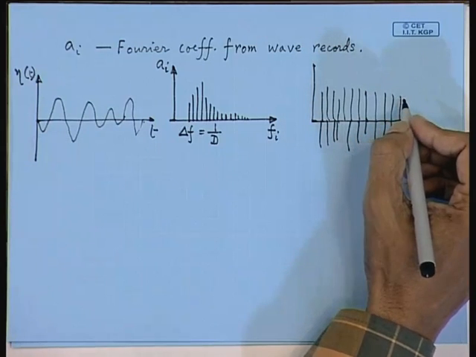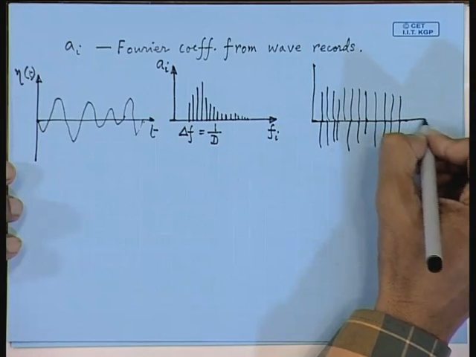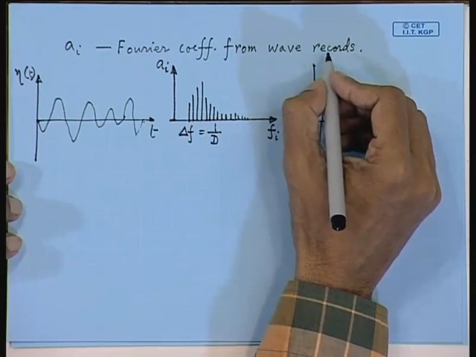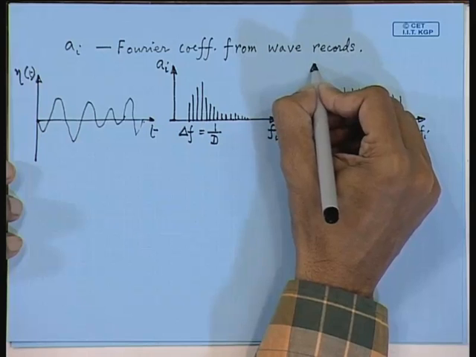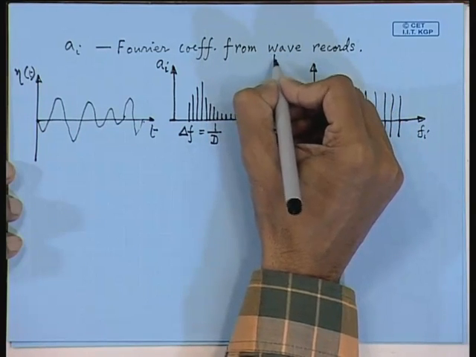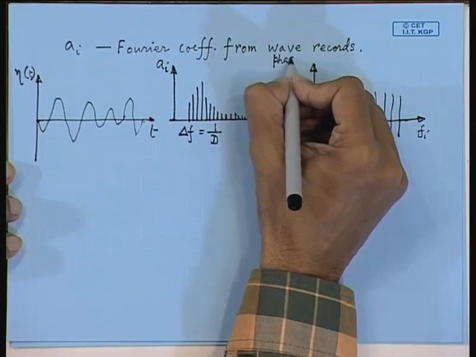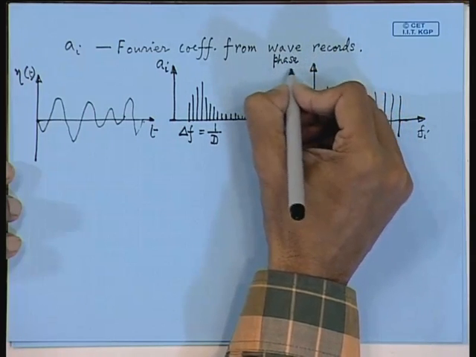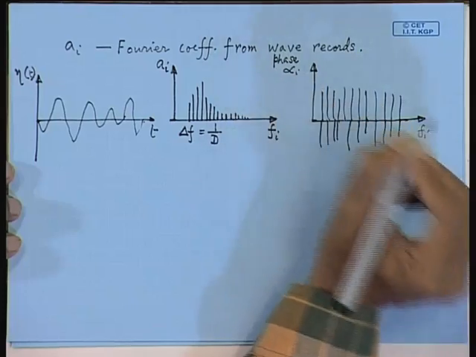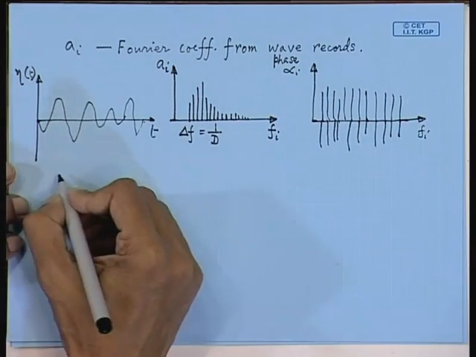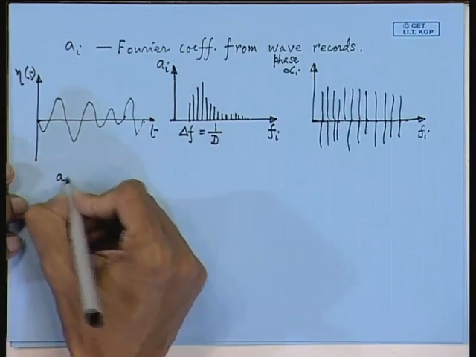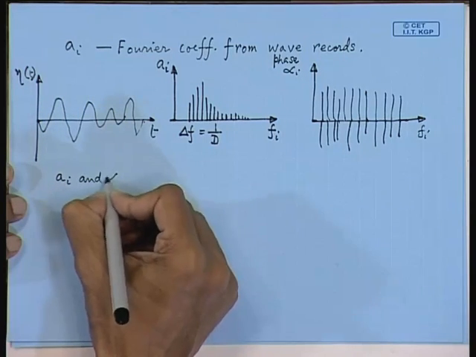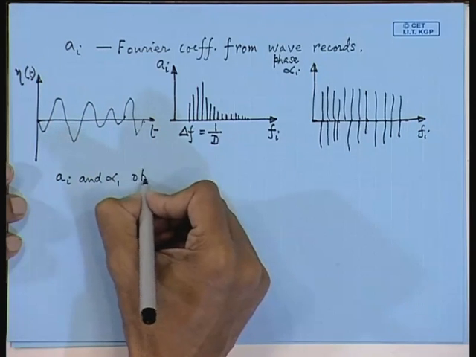So, again this is your frequency. Your horizontal axis is frequency, vertical axis is what? This phase. Now, this AI and alpha I you have to obtain from wave records.